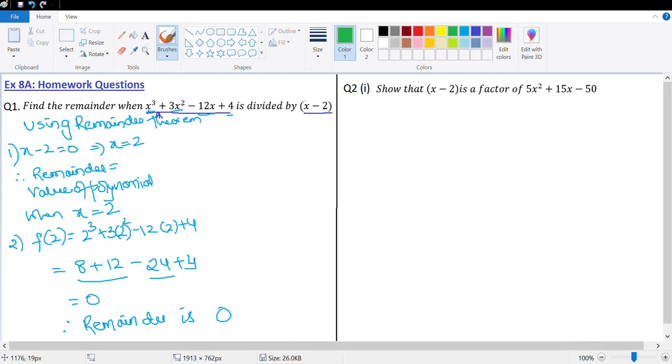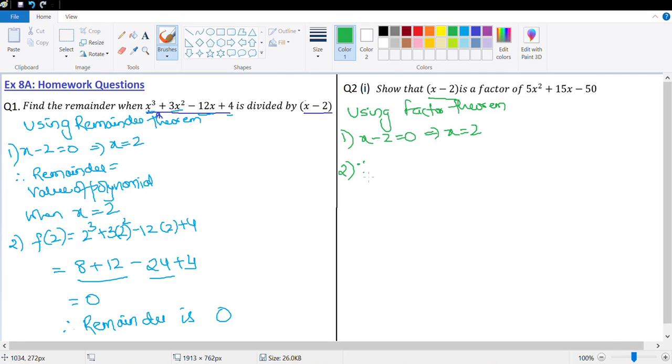Good, let's look at the next question. It says show that x minus 2 is a factor of the given polynomial. So using factor theorem, what we have is x minus 2 is equal to 0, which means x is equal to 2.